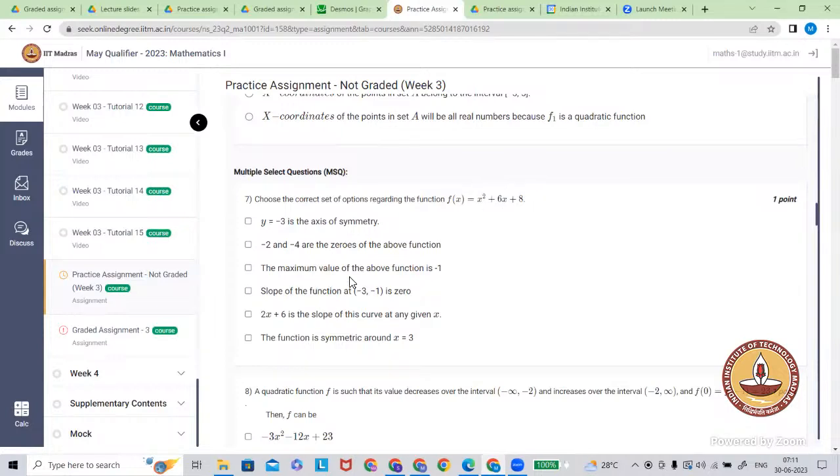Yes, that is right, sir, that is -1. In the fourth option, it is given that the slope of the function at (-3, -1) is 0. That option is correct, but the third option is wrong. How is that so?